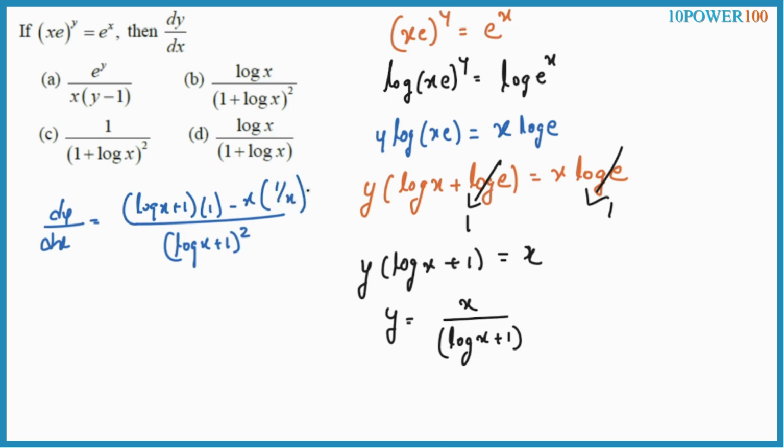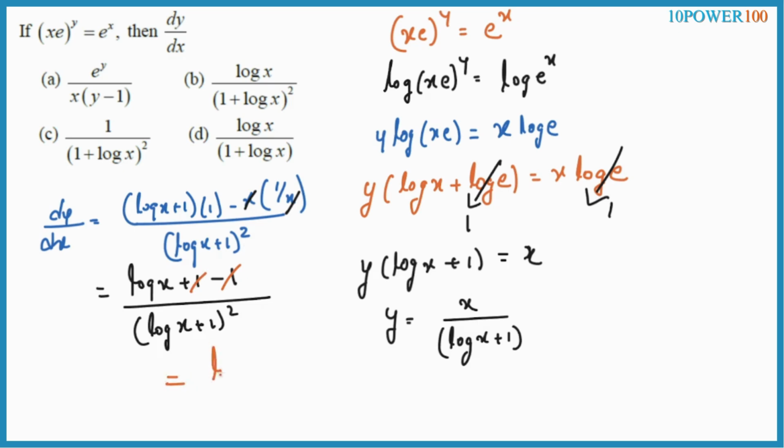Here we can cancel x and x. The element left is log x plus 1 minus 1, divided by log x plus 1 the whole square. Plus 1 and minus 1 cancel out.